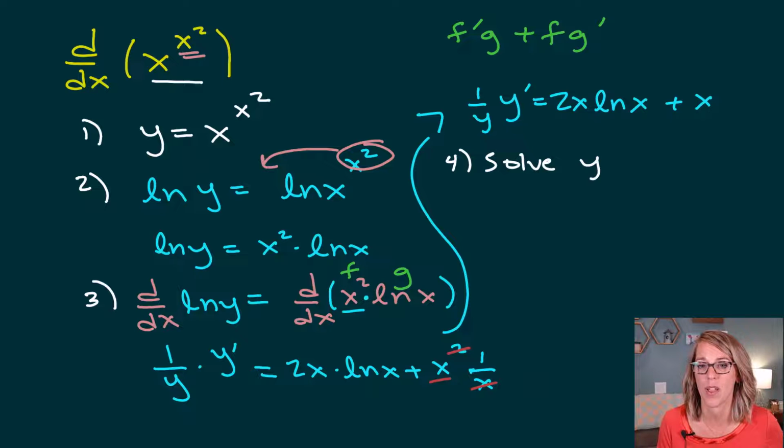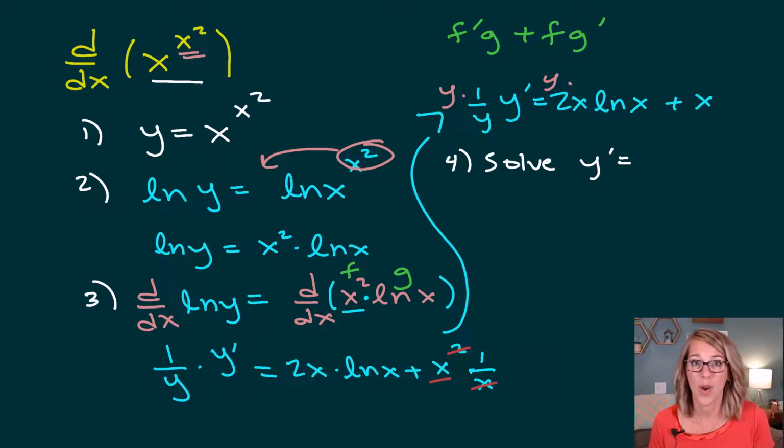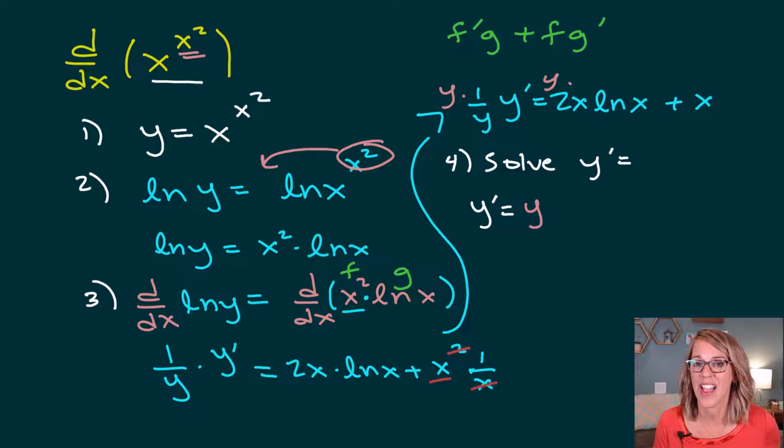So we're going to solve for y prime equals. So I need to multiply both sides of this equation here by y. I'm almost at my answer. I have y prime is equal to, but I multiplied that side by y, and I also have everything else. So I've got, let's put the parentheses, 2x natural log x plus x.